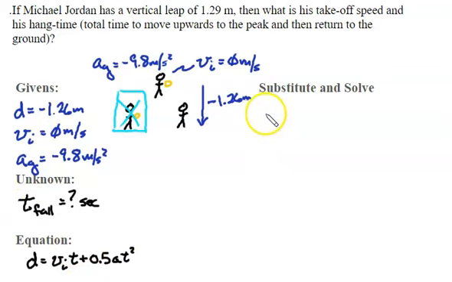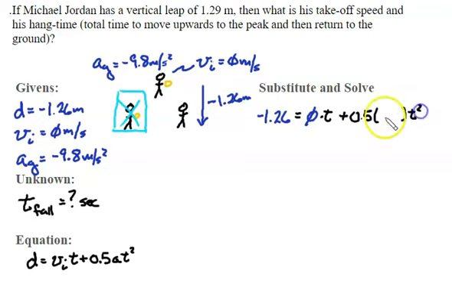I'm going to replace numbers for letters now. Negative 1.26 equals 0 times time plus 0.5 times negative 9.8 times t squared.